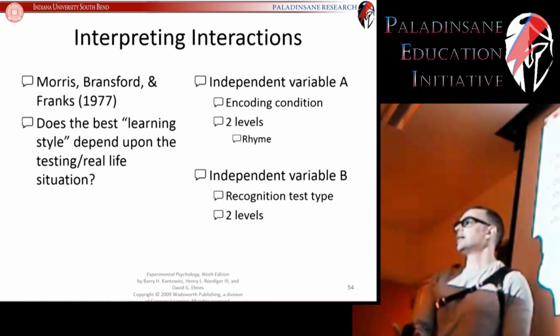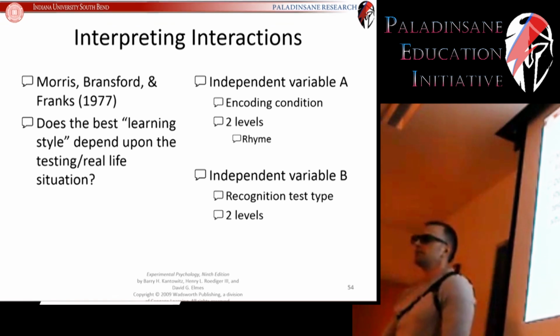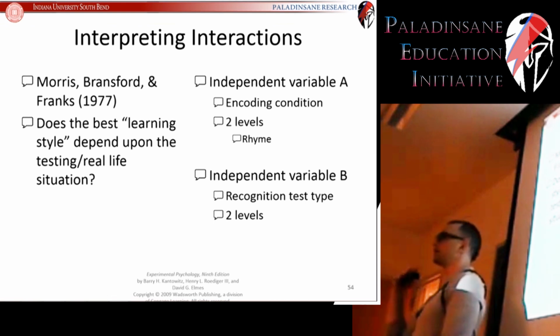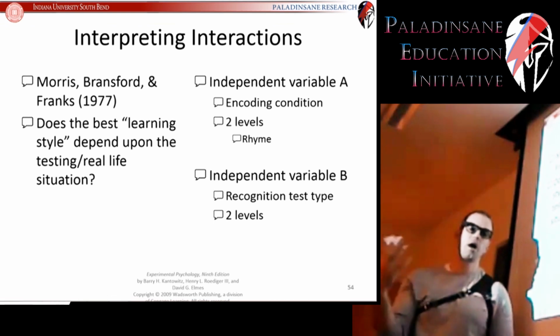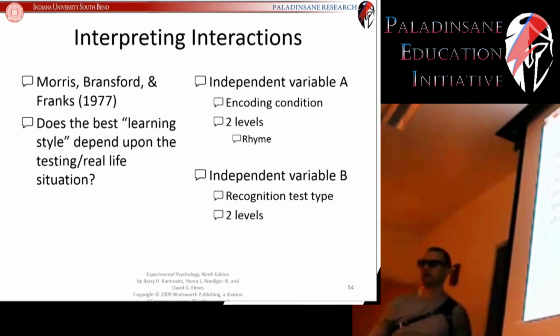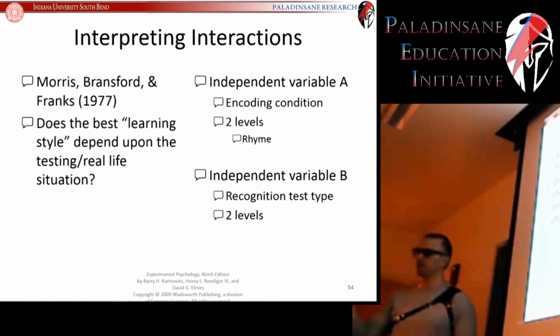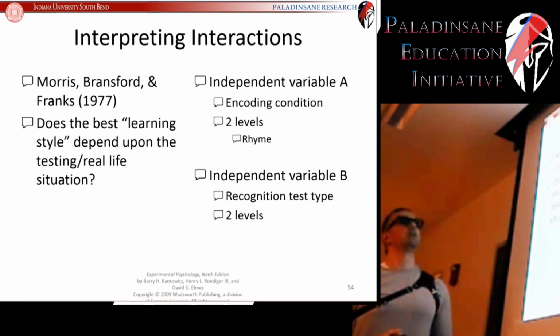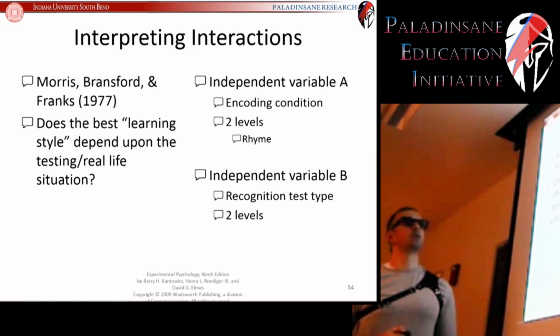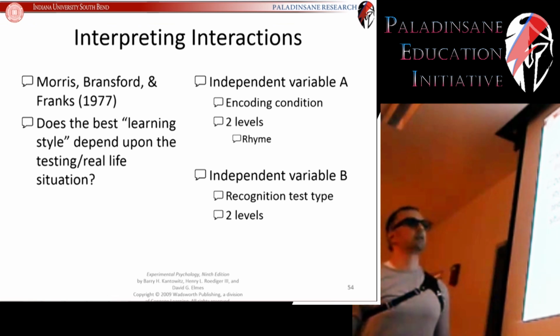If you saw chair, you might say hair. If you saw frog, you might say log. If you saw car, you might say superstar, whatever it is. You had to think of a word that rhymed with the word. That was how you encoded your information. That was half of the subjects.